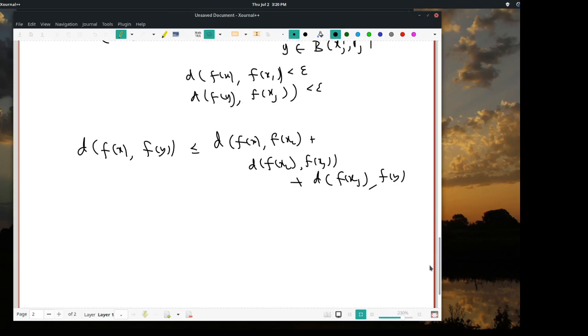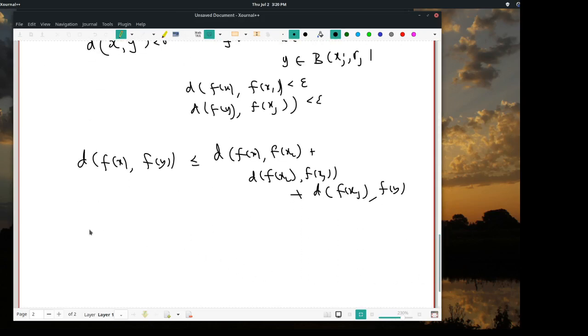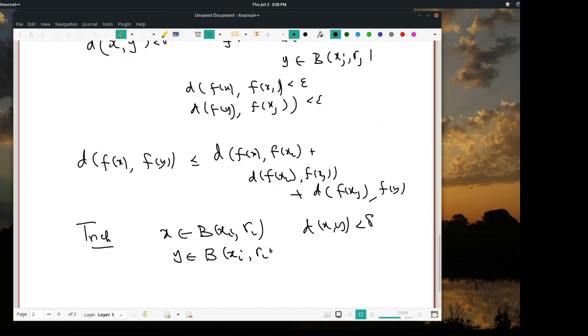So the trick is, the moment you tell me x and y are at a distance less than delta, and if x belongs to B(xi, ri) and the distance between x and y is less than delta, somehow I should conclude y also belongs to B(xi, ri).